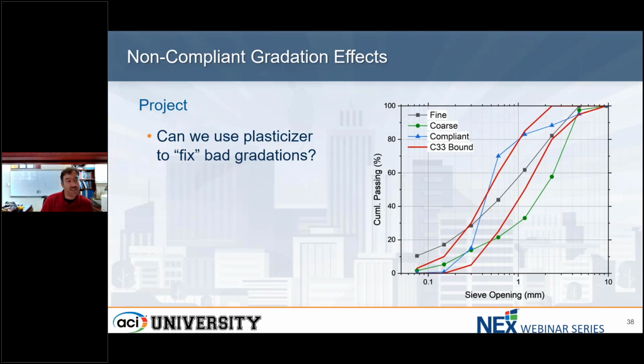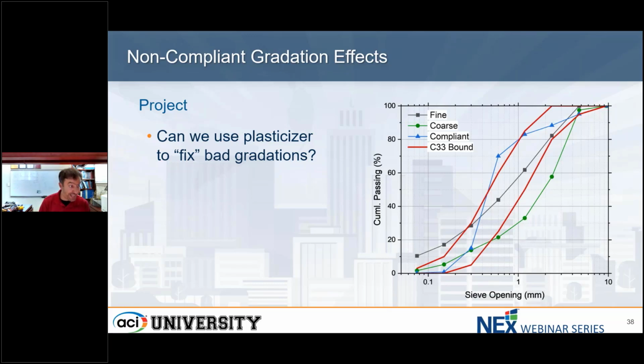This came from our lab. That was the first delivery of sand we got for our concrete lab, where we called up the ready mix supplier and said, hey, please deliver a truckload of your concrete sand. And they did that. And we ran a bunch of tests as part of this project. And my PhD student had run the gradation analysis, but never looked at it and said, oh yeah, it's compliant because the company delivered.